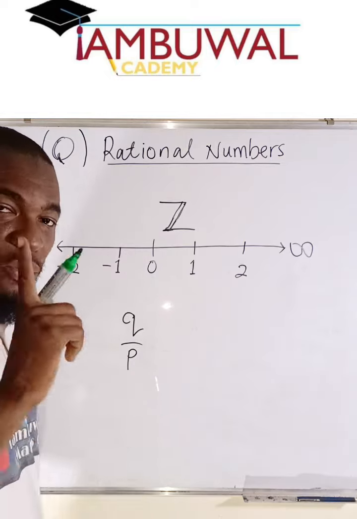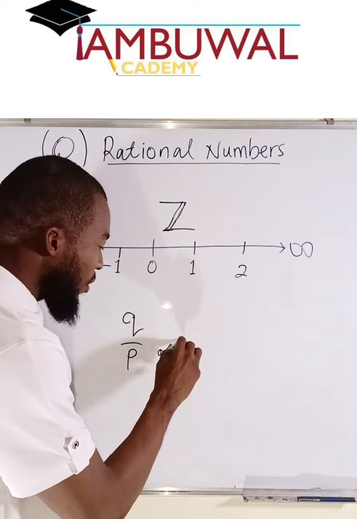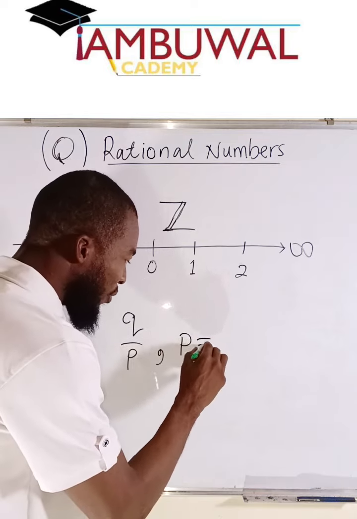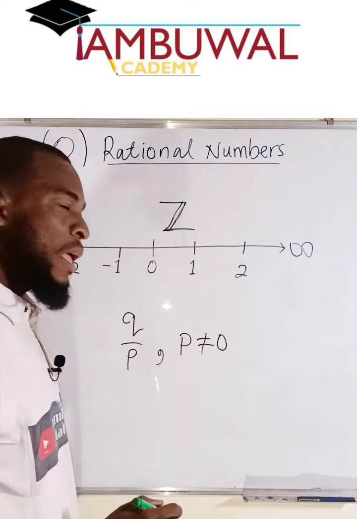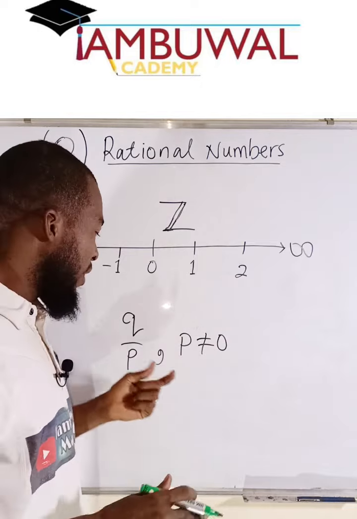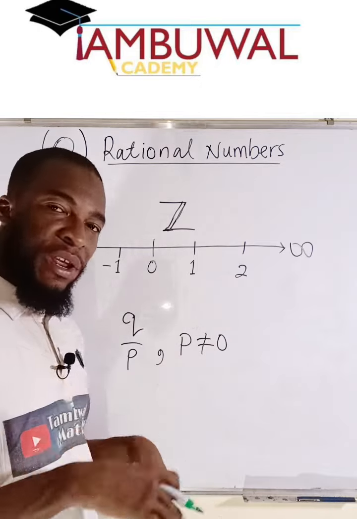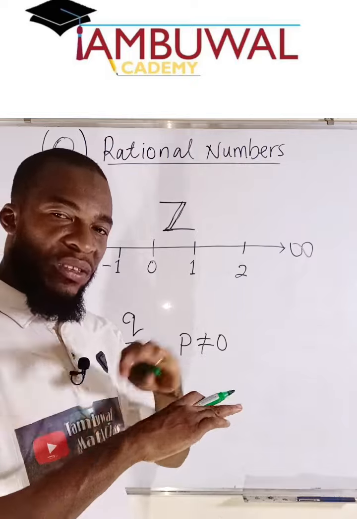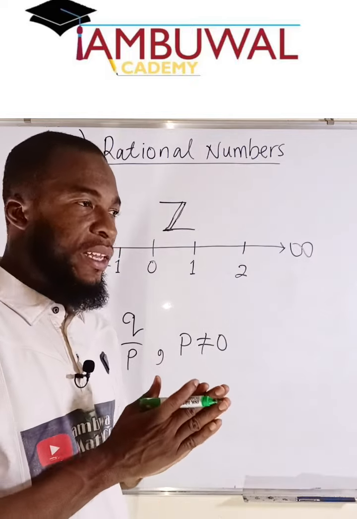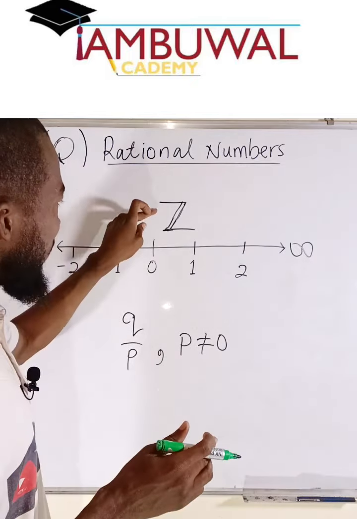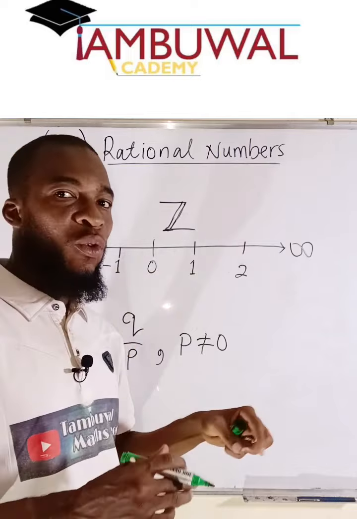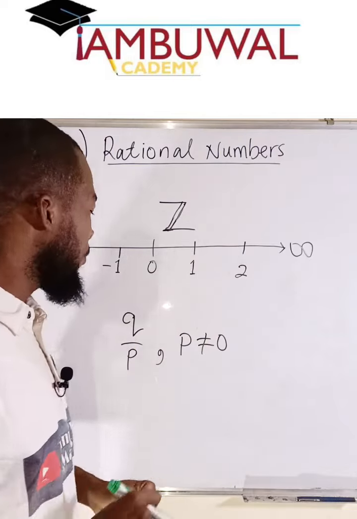Where our denominator will never be equal to 0. We don't want any situation that will make our denominator equal to 0, because whenever you have a situation where the denominator is 0, the whole system is said to be undefined. So let us start with integers, numbers on the number line, before we go to subsets of integers.